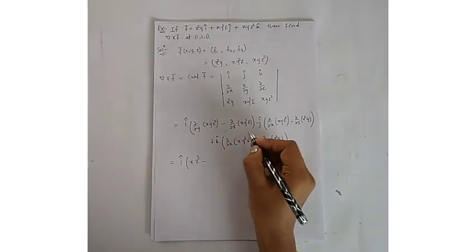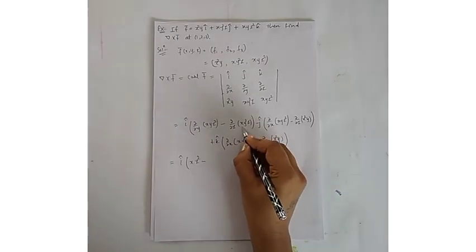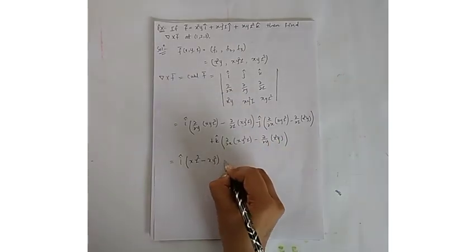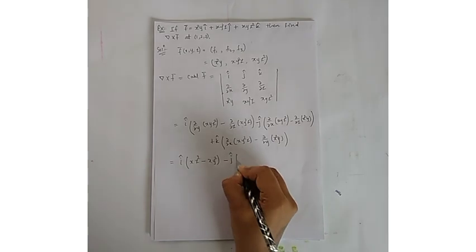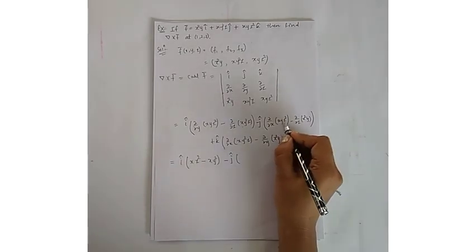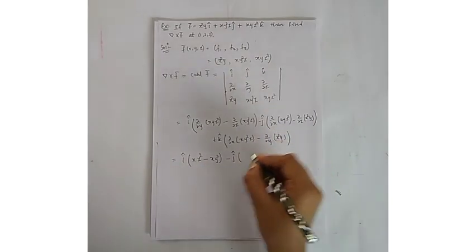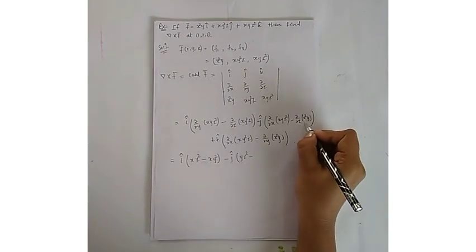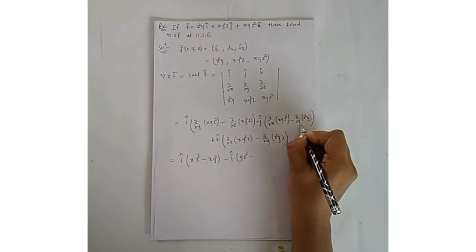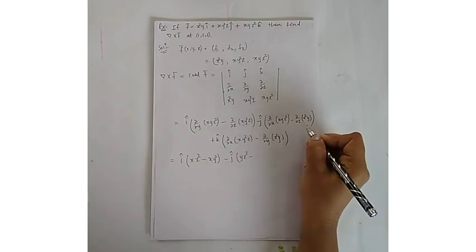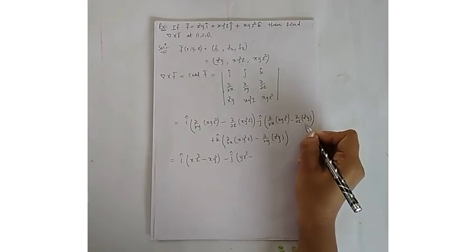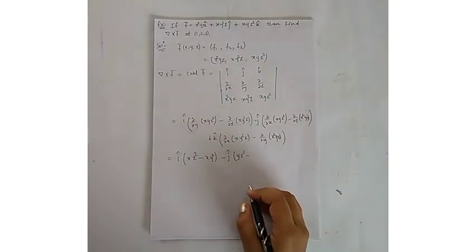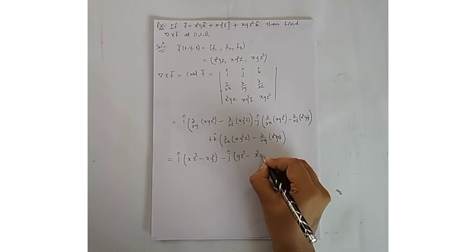So this is equal to i times: taking the partial derivative of this function with respect to y will give xz², minus the partial derivative of this function with respect to z, which will give xy². Minus j times: taking the partial derivative with respect to x of this function will give yz², minus the partial derivative of this function with respect to z, that is x²y.